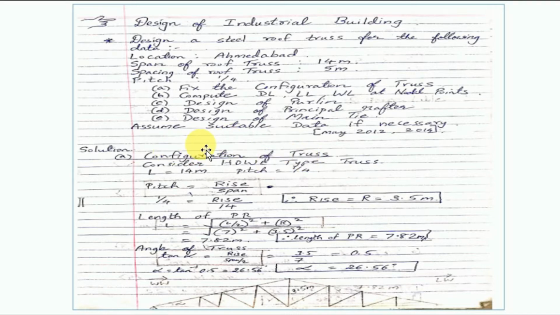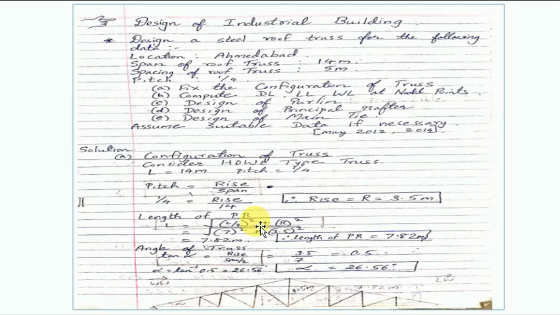First we will be selecting the configuration. Consider a house type whose length is 14 meter, meaning the span of the roof truss, and pitch is 1 by 4. Using the pitch formula, pitch equals rise by span, we are getting the rise as 3.5 meter.